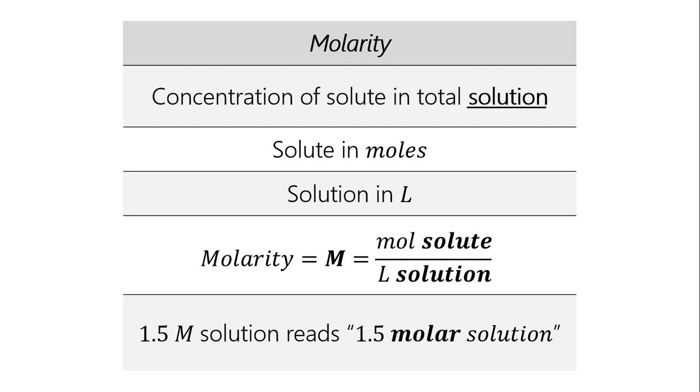Since we're looking at how many moles of solute are divided by the total volume of that solution, the higher the number, the more concentrated it is, the more stuff we are dissolving in that solution. If that changes the color of the solution, that means it's going to be a deeper color the higher the number is.